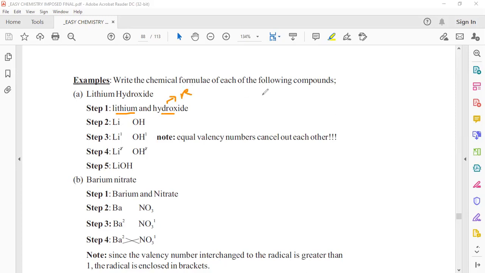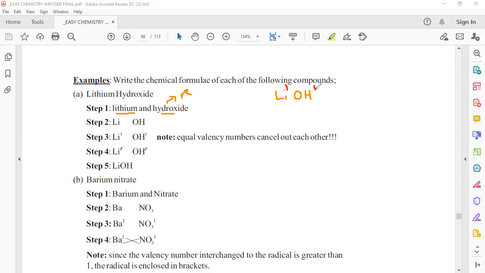So lithium is an element, it's just Li, but hydroxide, remember, to be consistent with the capital letters, that is OH. What are the valence numbers? The valence number of lithium is 1. The valence number of hydroxide, according to the table of radicals, is also 1.